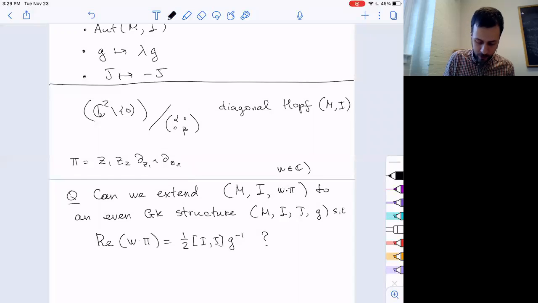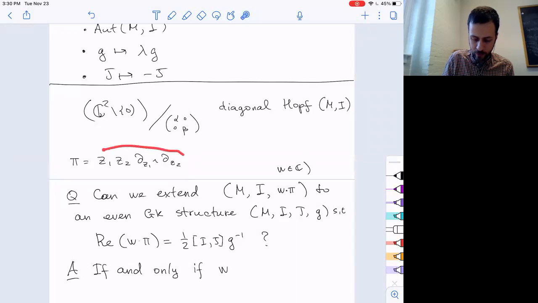The answer is: if and only if this constant, this multiple of the Poisson tensor, is real and non-zero. Specifically, you cannot take a multiple which is not purely real and associate it to a generalized Kähler structure.